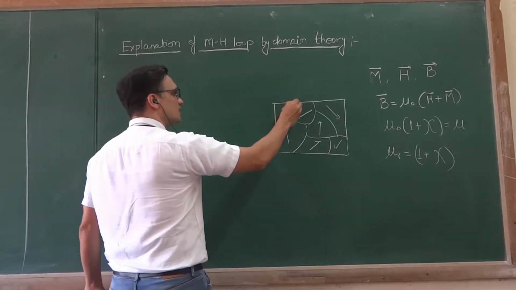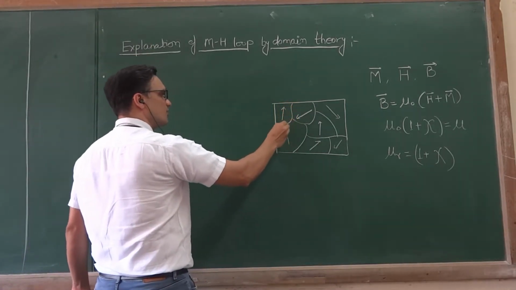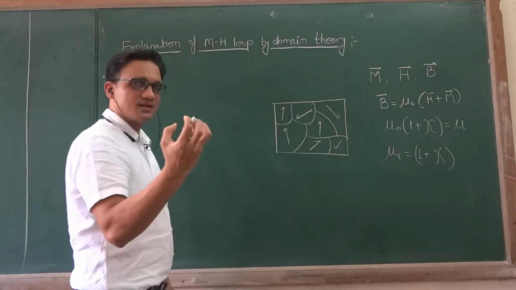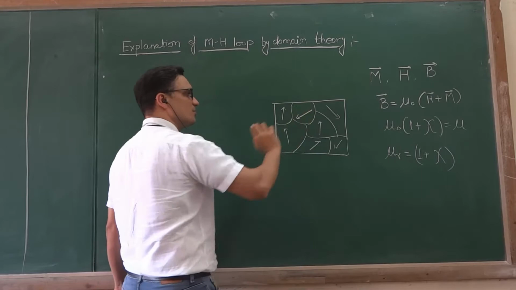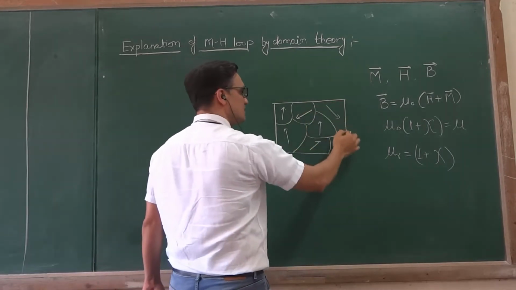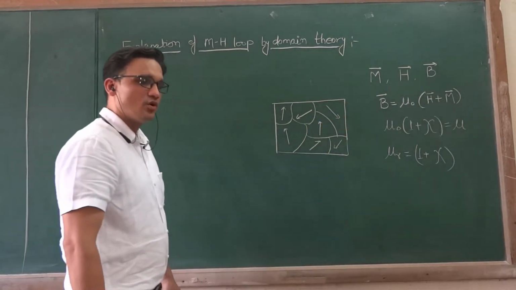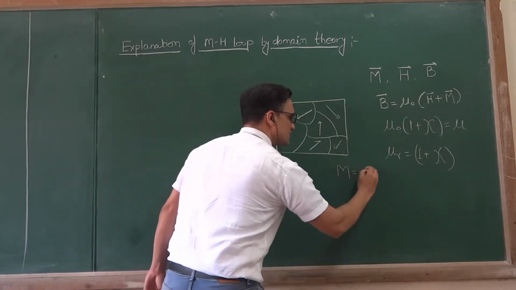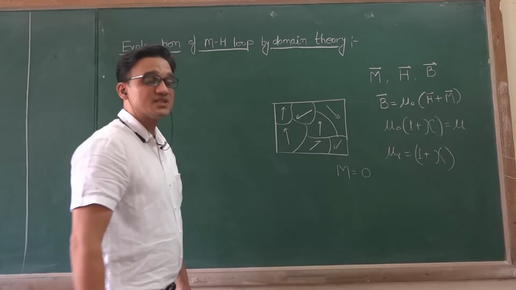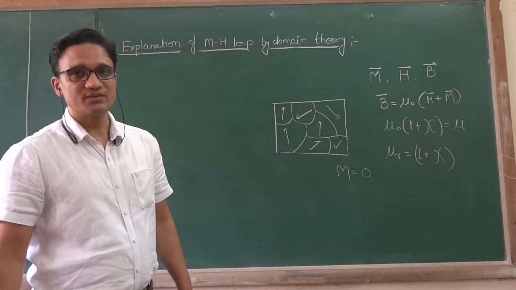In each of these regions there is a net magnetic moment, but overall the magnetization of this specimen is equal to 0 in the absence of an external magnetic field.